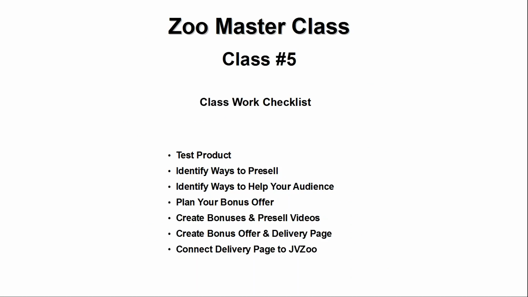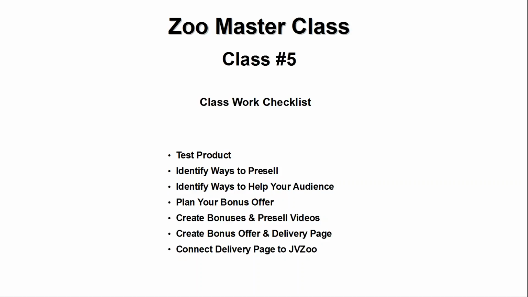So finally, this should give you a pretty clear picture of what I'm going through for each of the products that I promote. You simply want to use this classwork checklist to go through each product when you are about to be doing an affiliate promotion. You simply want to check off each item on this list to put your bonus offer together.